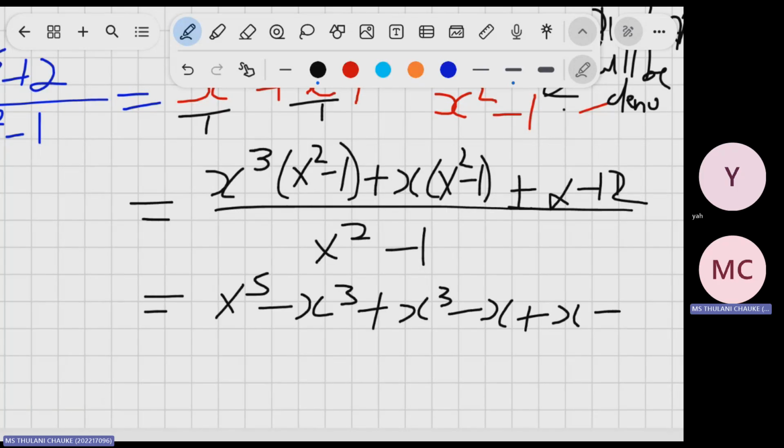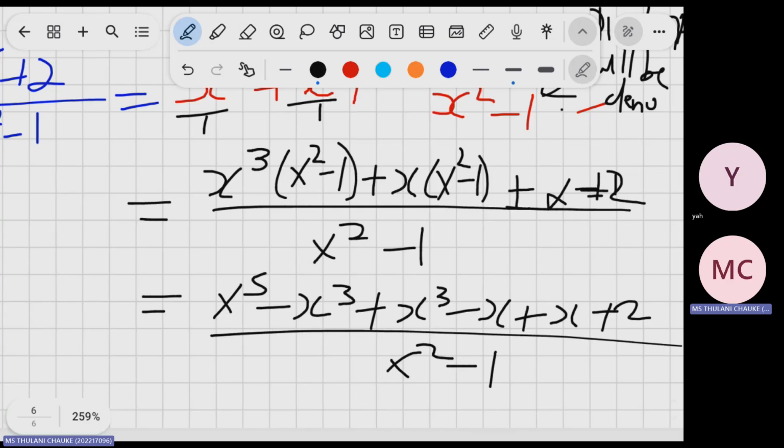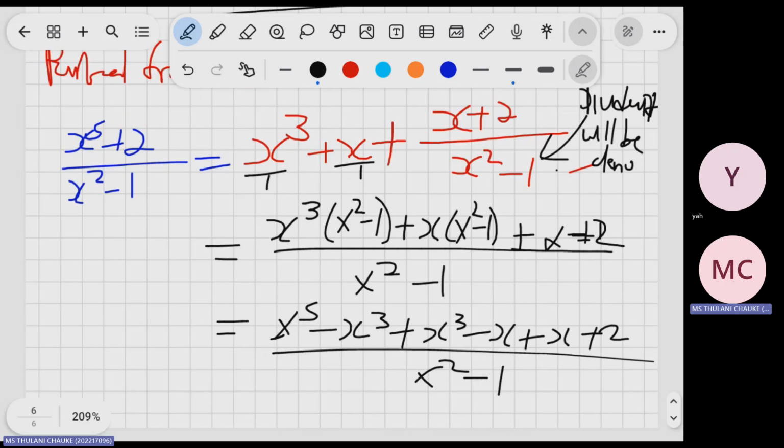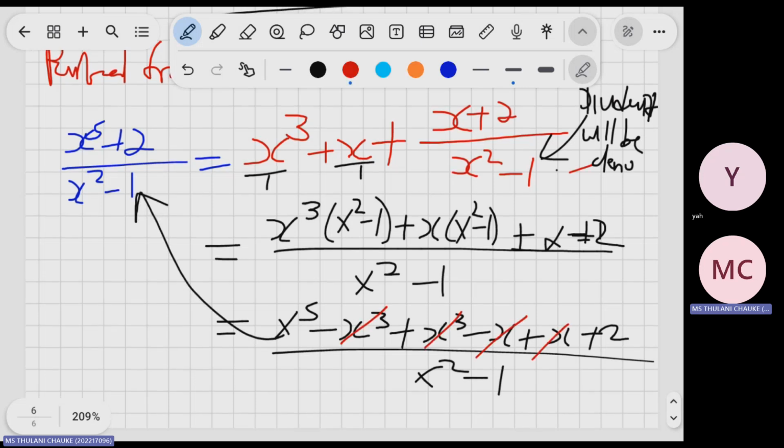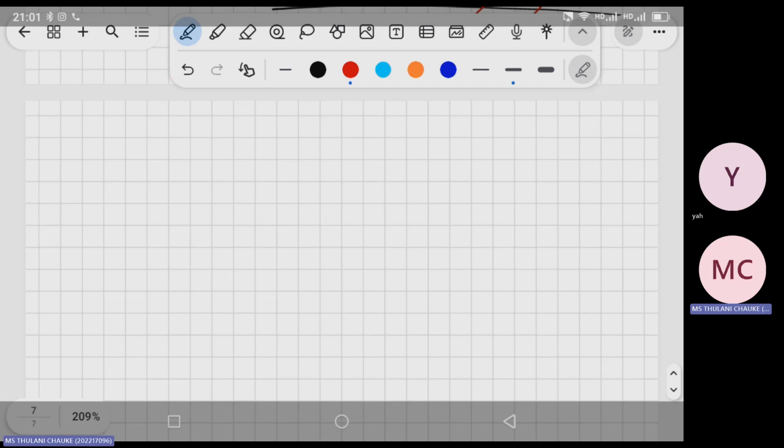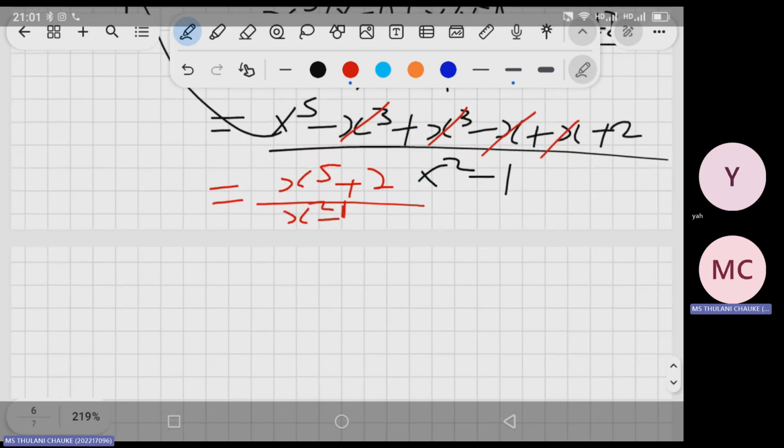Minus x plus 2. You see that we're going back way. We're going back there. This will cancel, and this will cancel. Then you are left with x^5 plus 2 over x squared minus 1. Yeah, I think I've even managed to show you that those things are equal.